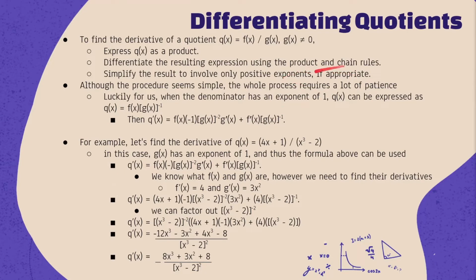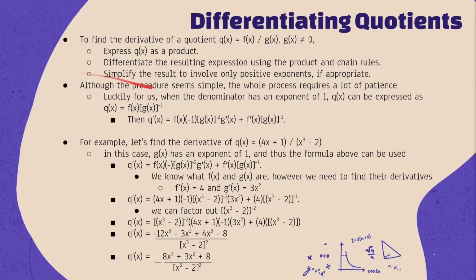However, if you do these 2 things correctly, all you have to do then is just simplify the result to only have positive exponents. Again, all that means is that instead of having negative 2 as an exponent somewhere, we know that could just go into the denominator where the exponent is now 2.